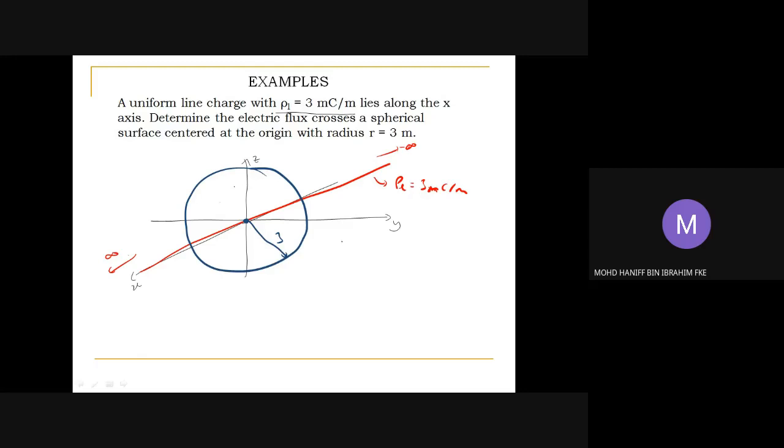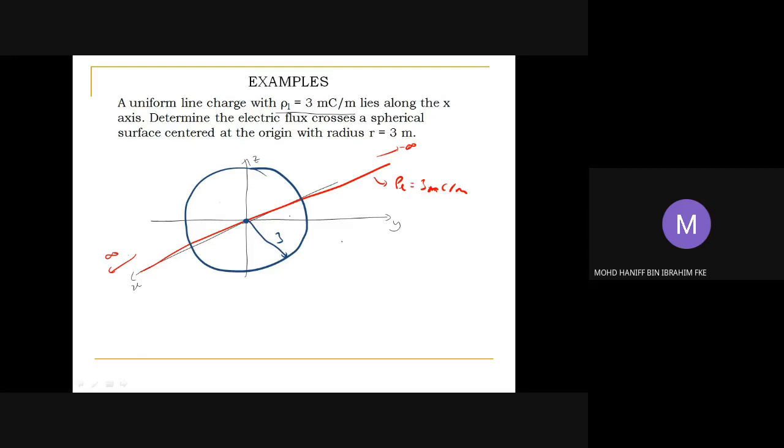So we know that flux must always originate from the source of electric field. In other words, the flux must always originate from the charge.